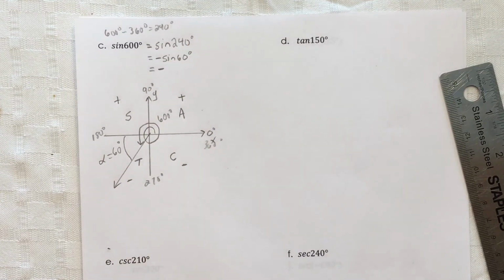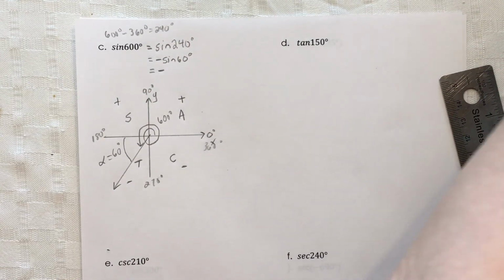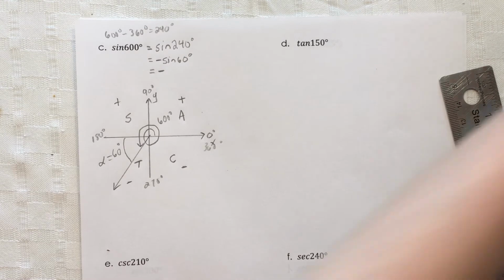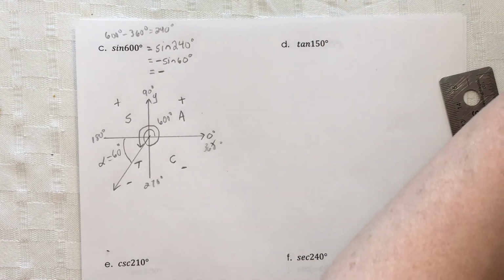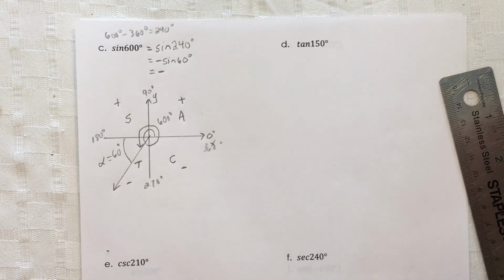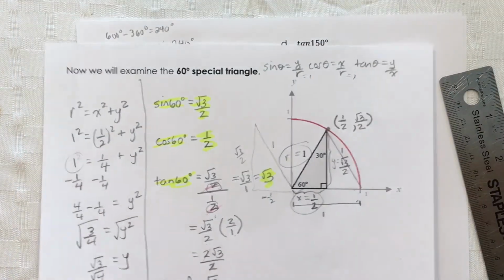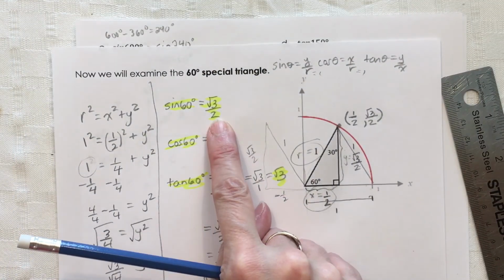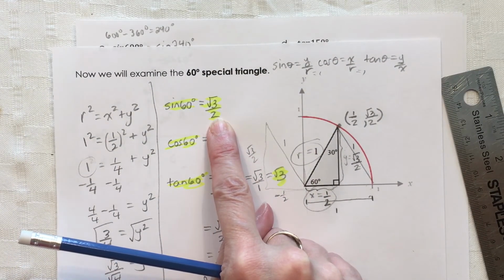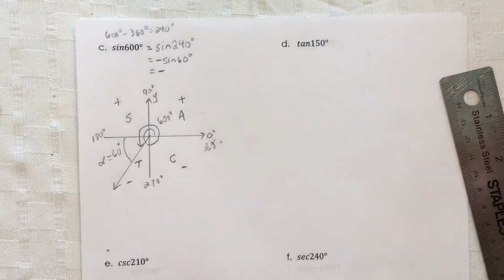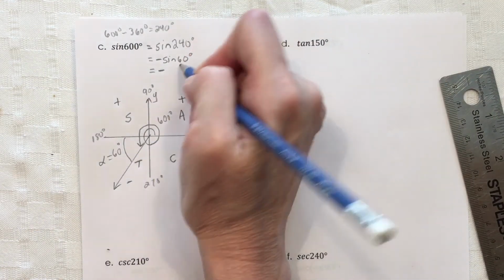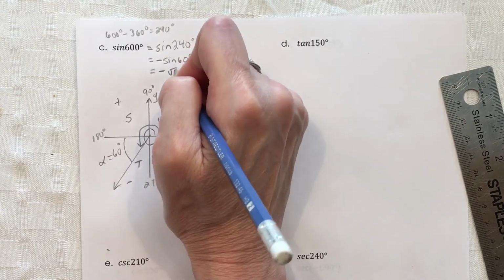But then I have to remember, what was the sine of 60 degrees? Sine of 60 degrees is positive root 3 over 2. So our answer is going to be negative root 3 over 2.